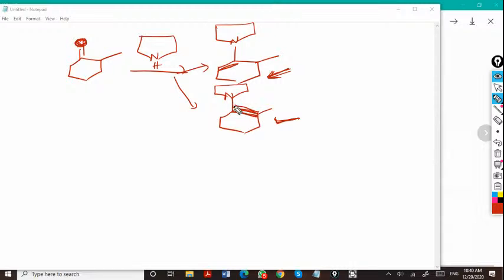When the double bond is forming between the substituted alpha carbon and the carbon which is holding the enamine, there will be a planar arrangement between them. So based on steric hindrance, crowding and steric repulsions, it will not allow the formation of the enamine at the more substituted carbon. So this will be the more stable enamine.